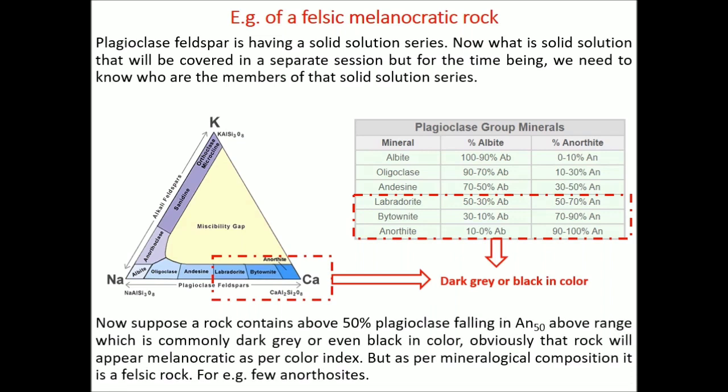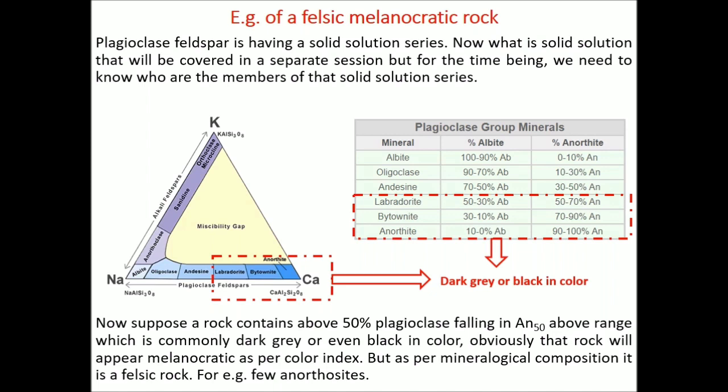So plagioclase is a felsic mineral, but its color is not always very light; it can be dark. Now suppose a rock contains above 50% plagioclase in the anorthite 50-and-above range, which is commonly dark gray or even black. Obviously that rock will appear melanocratic as per color index, but as per mineralogical composition it is a felsic rock.